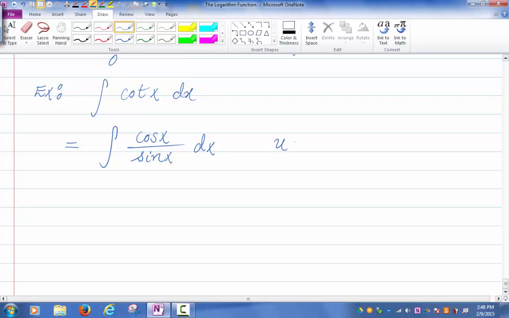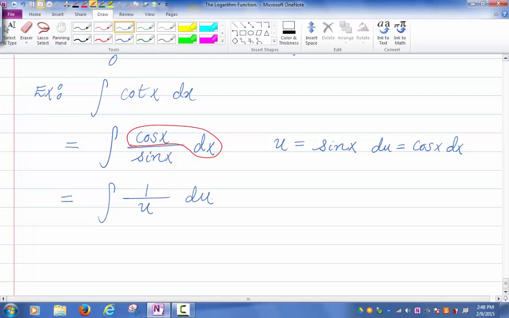Take u to be the denominator. And then what would be du? Cosine x dx. So then, notice that cosine x together with dx is du, and sine x is u. So I get 1 over u du.